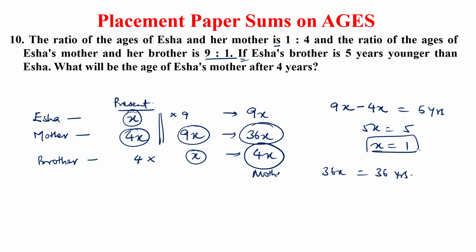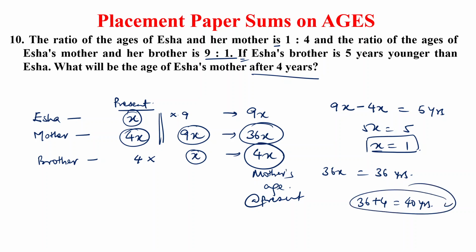Mother's age at present is 36 years. They are asking after 4 years. After 4 years means we have to do plus 4. So 36 plus 4, that is 40 years will be the right answer. Let's see the options. Option number 2 is the right option.